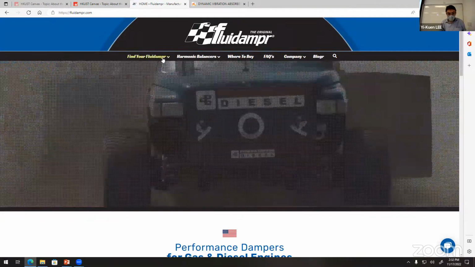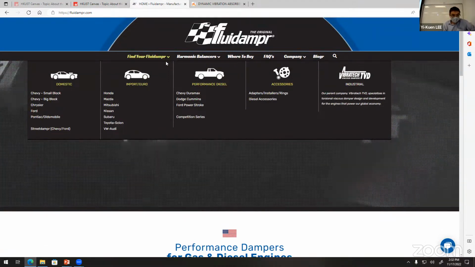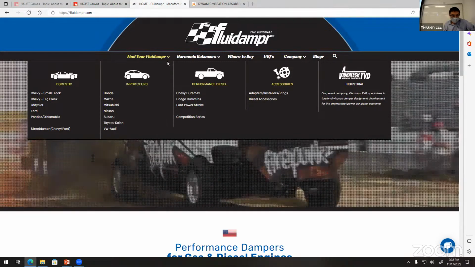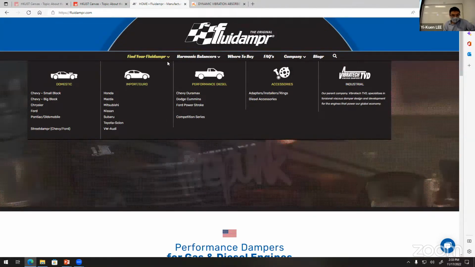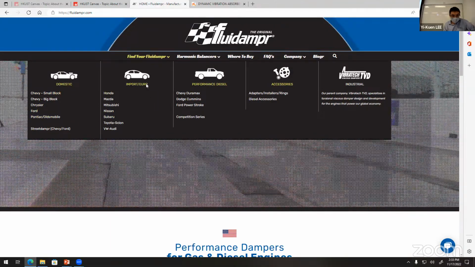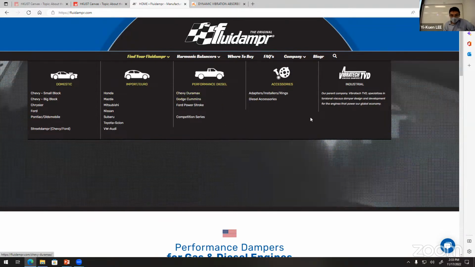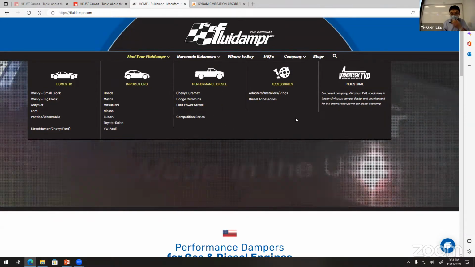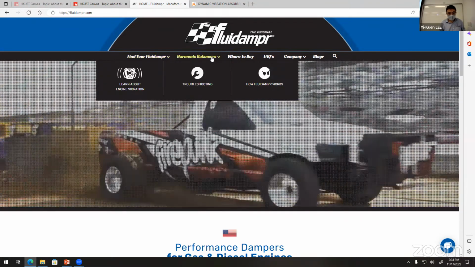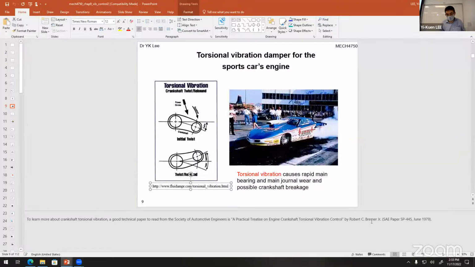Here, at least, you can find that for different companies and different types of automotive cars, they produce this kind of product for torsional vibration. So this is, I think, quite important for you to consider for practical vibration engineering.